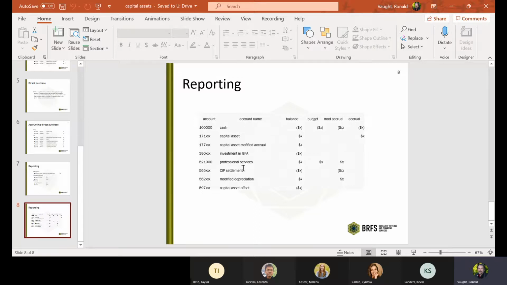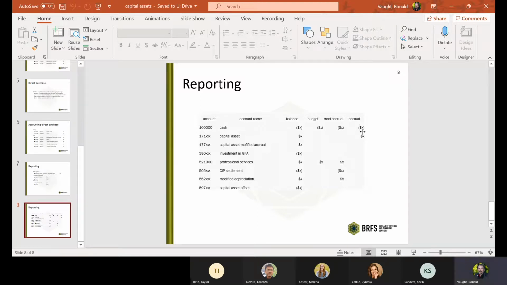So in our group codes, we group the 595 account with the 521 account and it adds up to zero, and that goes away, and we end up just reporting a reduction in cash and an increase in capital outlay.